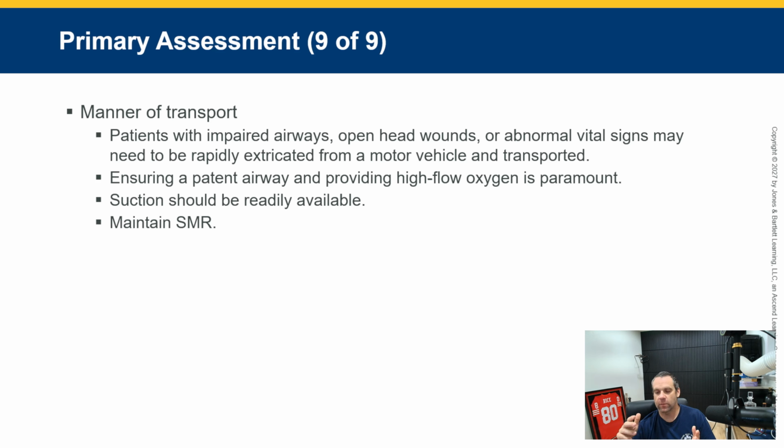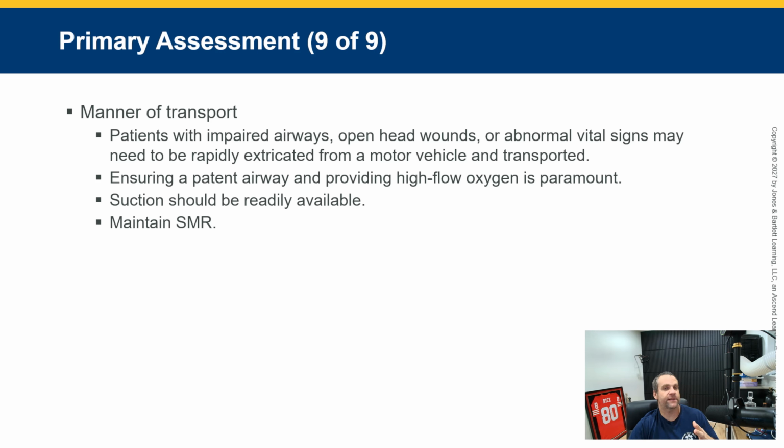Okay. Now, during transport, again, you're going to continue monitoring their airway, oxygenation levels, ventilations, and make sure hemorrhaging has been controlled. And again, you're just moving them as quickly and efficiently towards definitive care. Transport a patient with a suspected TBI, again, to an appropriate trauma center when it's possible.